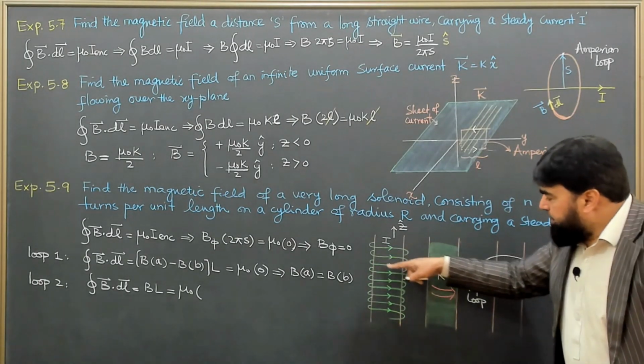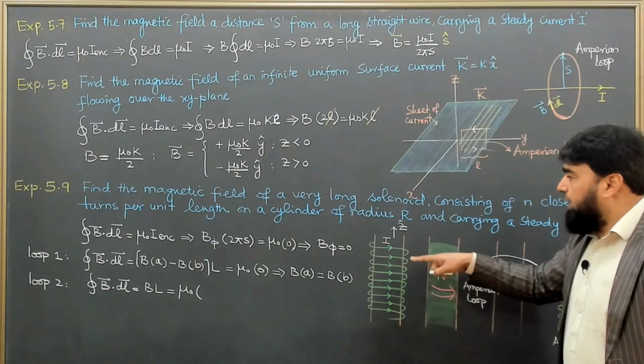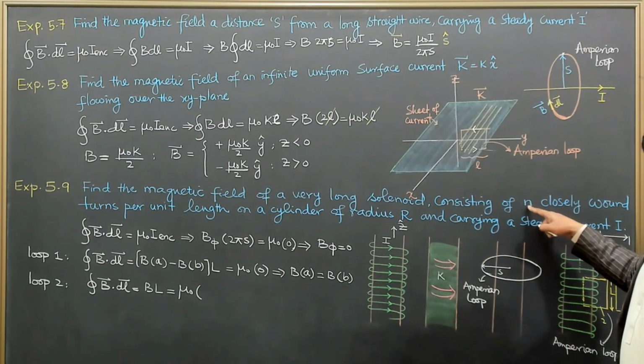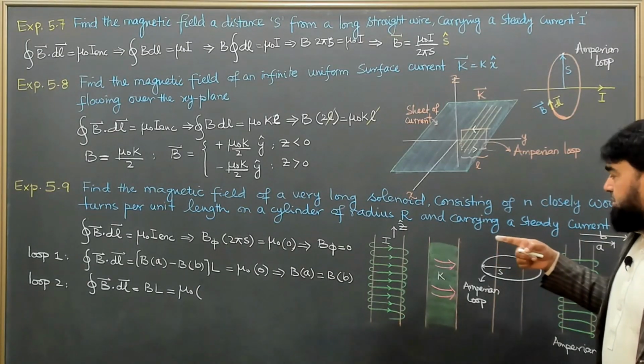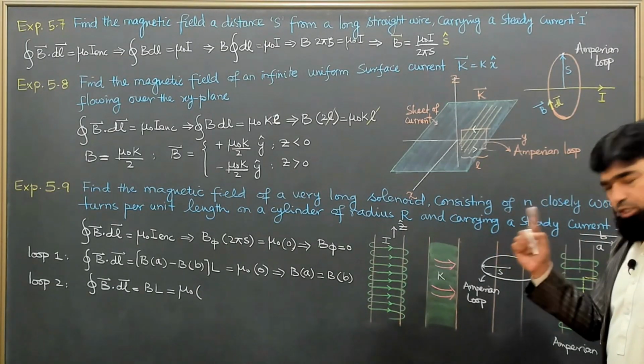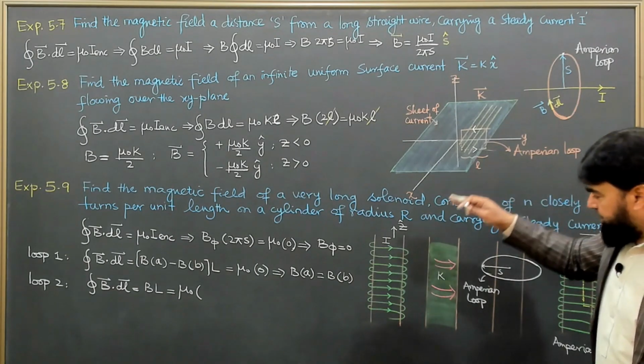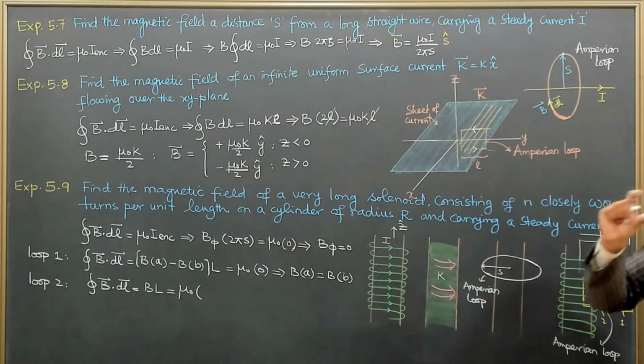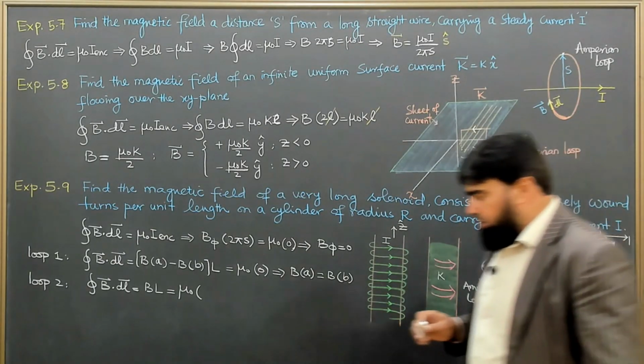The current in one turn is I. Then, how many turns are there? The turns are small n here. So n times I is the current, and then for how much length is this going? The length for which it is going on this side is L. So on this side we are also considering this equal to L, because this is enclosed by our loop.